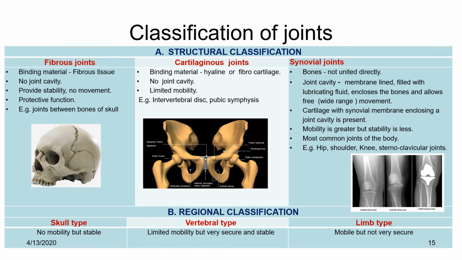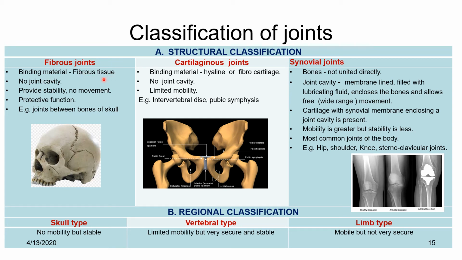Now let us further revise these joints. One is the structural classification. It is into fibrous joints, cartilaginous joints and synovial joints. So what will be the features of fibrous joints? The binding material is fibrous tissue.